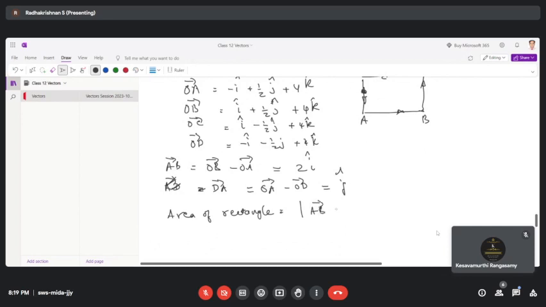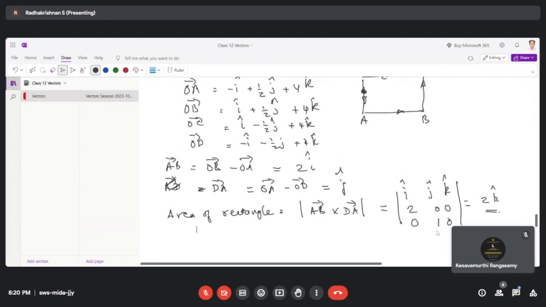The magnitude of AB cross DA. AB is 2, 0, 0, DA is 0, 1, 0. The i gets cancelled out, j also gets cancelled out, and k, 2k is all that remains.